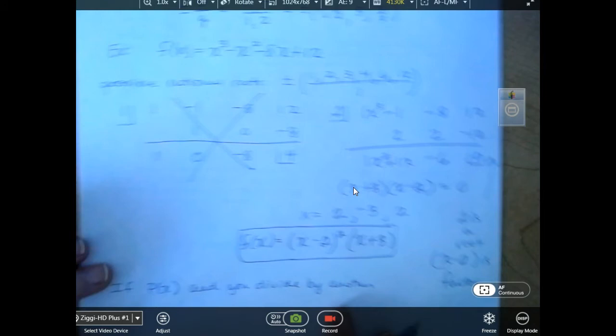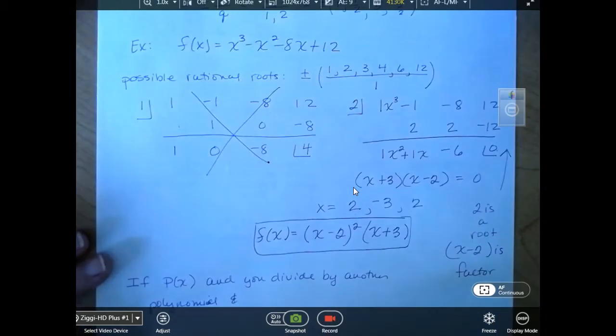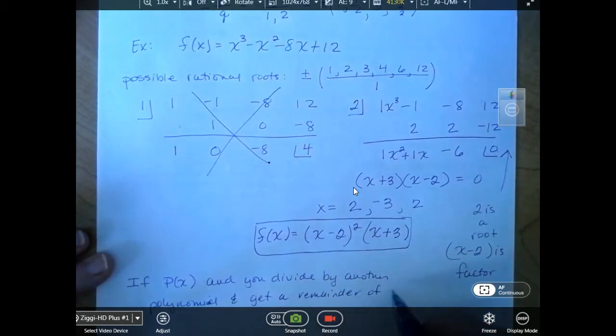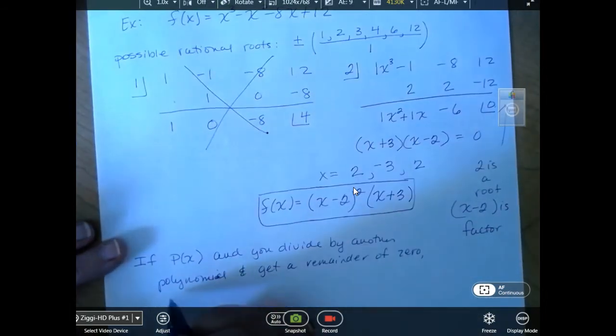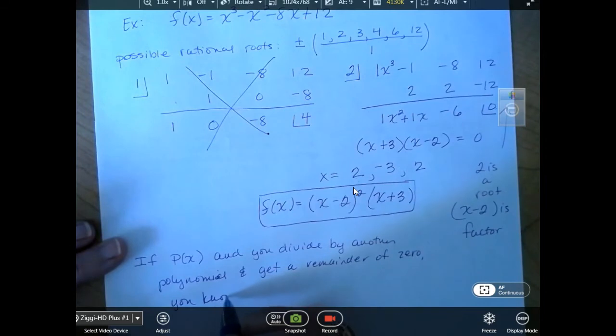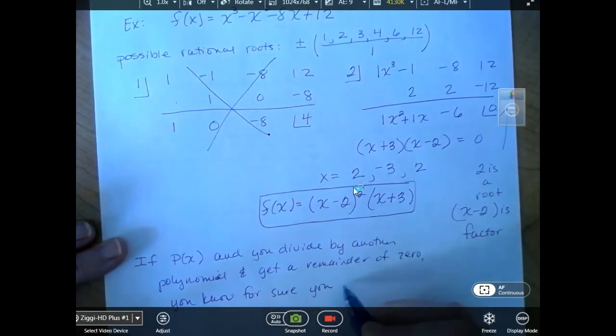If you get a remainder of 0, then you know that the second polynomial is a factor. So if you have a polynomial and you divide by another polynomial and get a remainder of 0, you know for sure you have a factor.